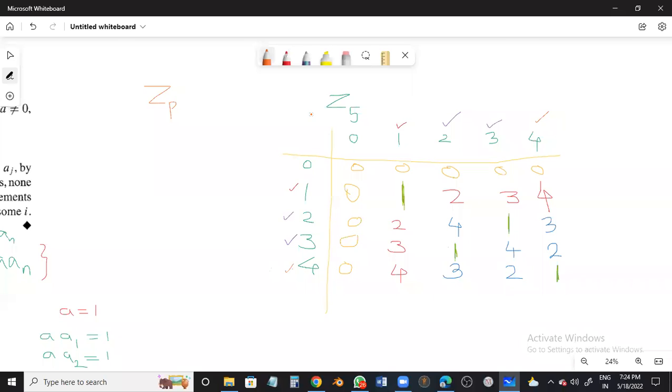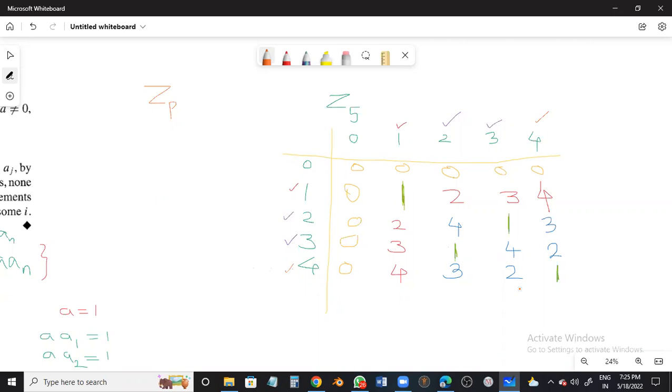Now what you are observing, if I multiply 1, 2, 3, 4 by any element, what do you get? Just see. I multiplied 1, 2, 3, 4 by 4. What is the answer I got? You can watch in the table. I multiplied to 0, I got a 0. I multiplied to 1, I got a 4. Multiplied to 2, I got a 3.